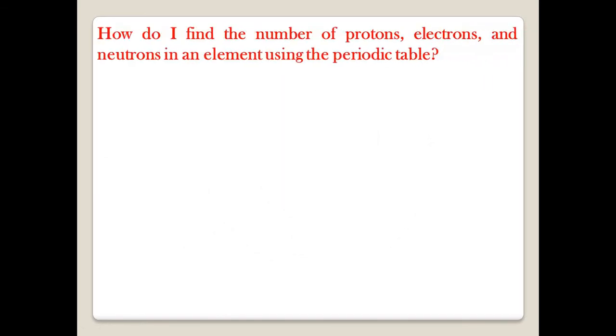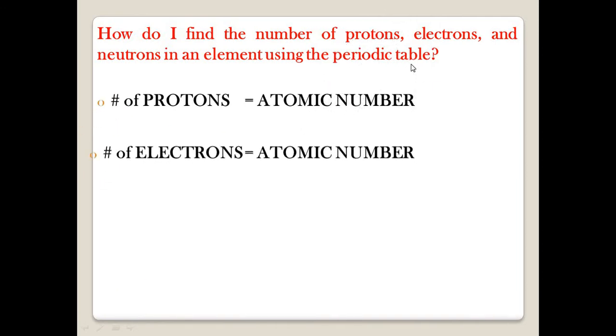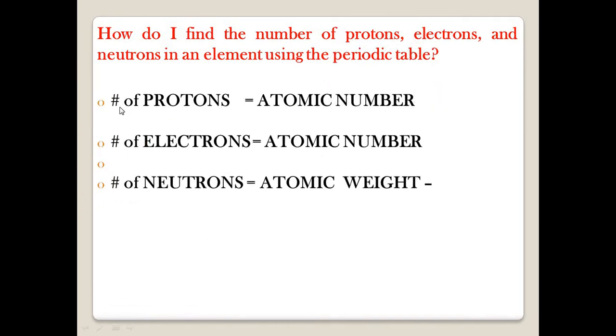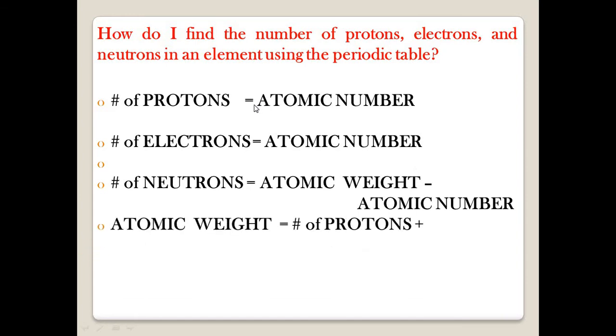Okay, so how do I find the number of protons, electrons and neutrons in the element by using the periodic table? Let's see the answer to this question. Number of protons is equal to atomic number, or number of electrons is equal to atomic number.